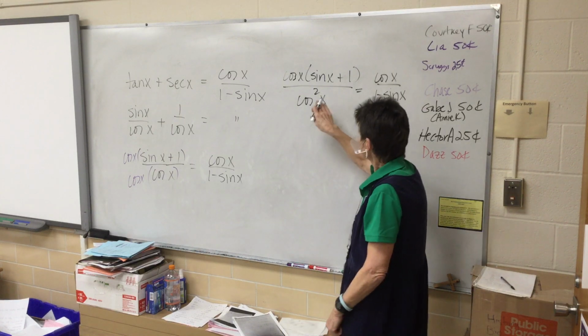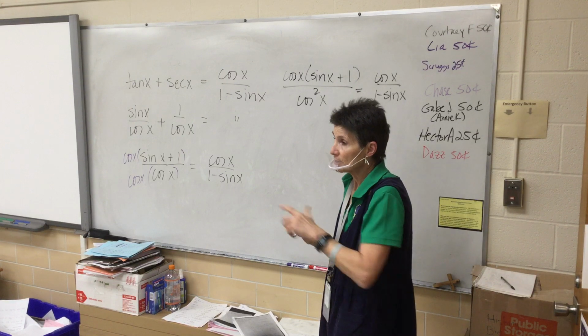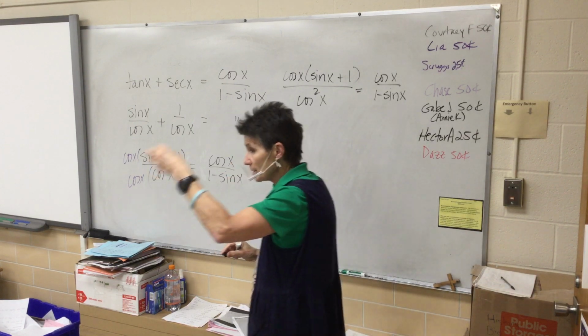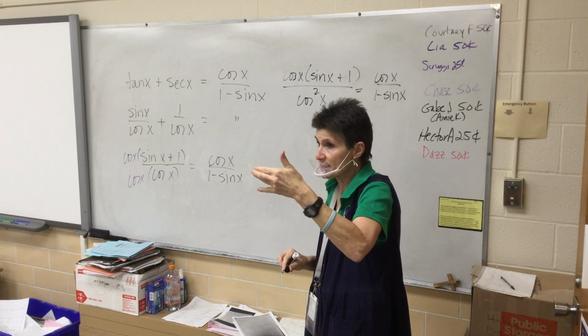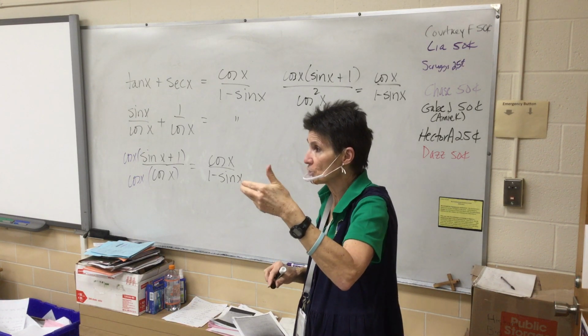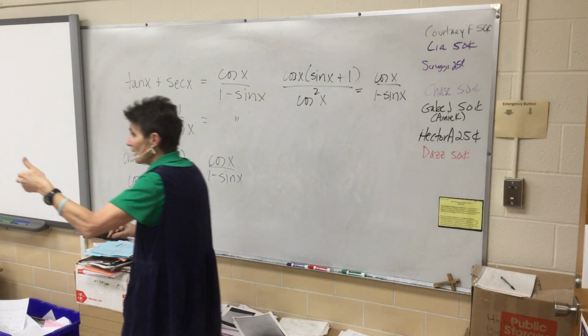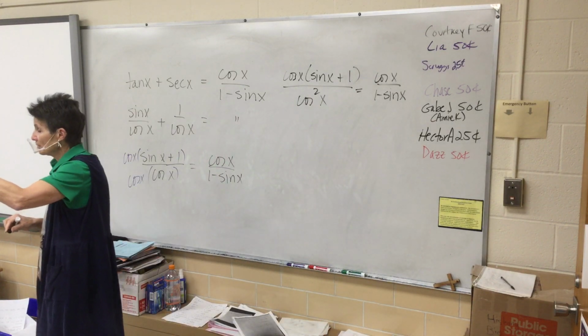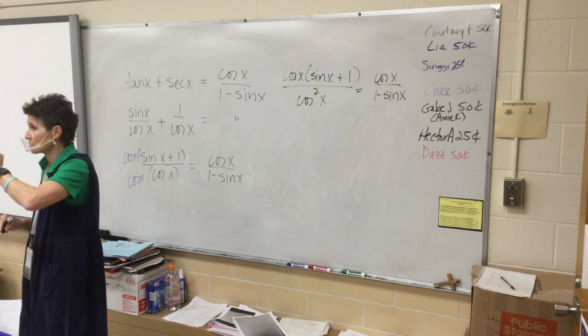Now, squareds are handy because look on your colored sheet, in that top 8, the bottom 3 involve the function squared, right? Every single function is squared in one of those 3. You've got sine squared, cosine squared, tangent squared, secant squared, cosecant squared, cotangent squared.